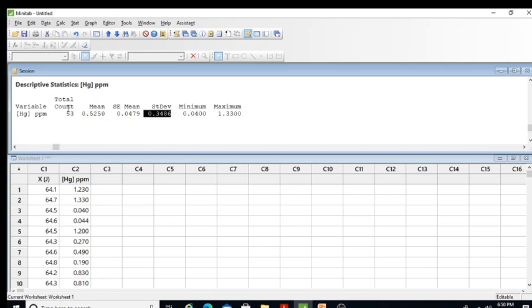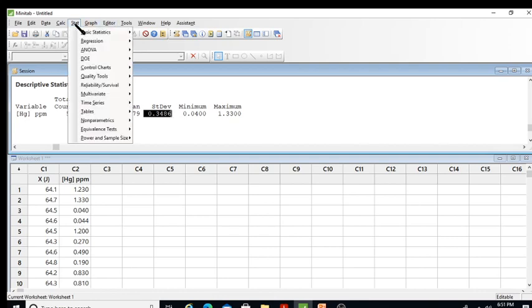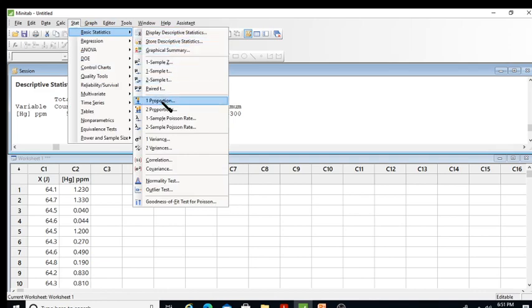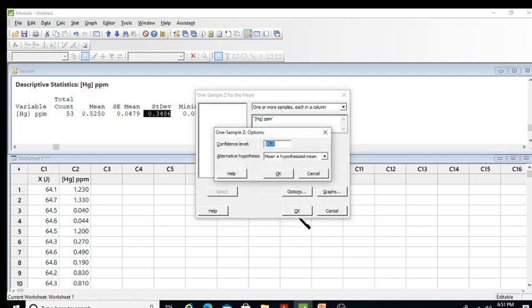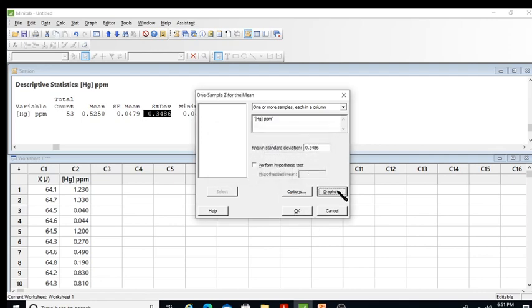We need to do this descriptive statistics before finding the confidence interval, and then I go into Basic Stats, One-Sample Z test, and here I'm using my sample, with 0.3486 as the standard deviation known to me, a 95% confidence level, and I just need a box plot.